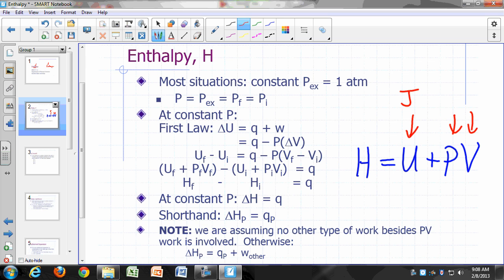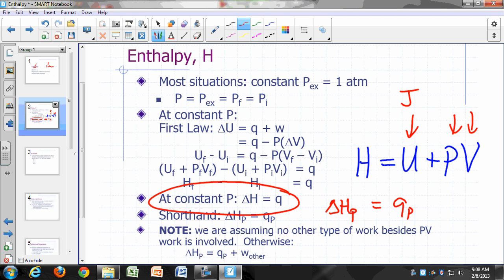So we say then that delta H must be equal to Q at constant pressure. Now, a shorthand way of writing this is to say that delta H at constant P, so you put P as a subscript, must be equal to Q at constant P. Why is that so important?